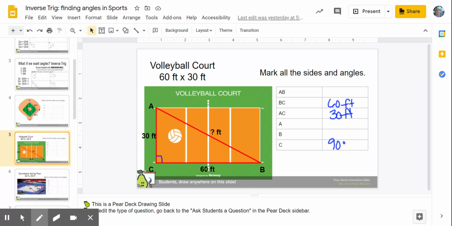We could do 180 minus 90. So 180 minus 90 is going to mean angle A plus angle B equals 90 degrees. We can do Pythagorean theorem. What do I put into the Pythagorean theorem?